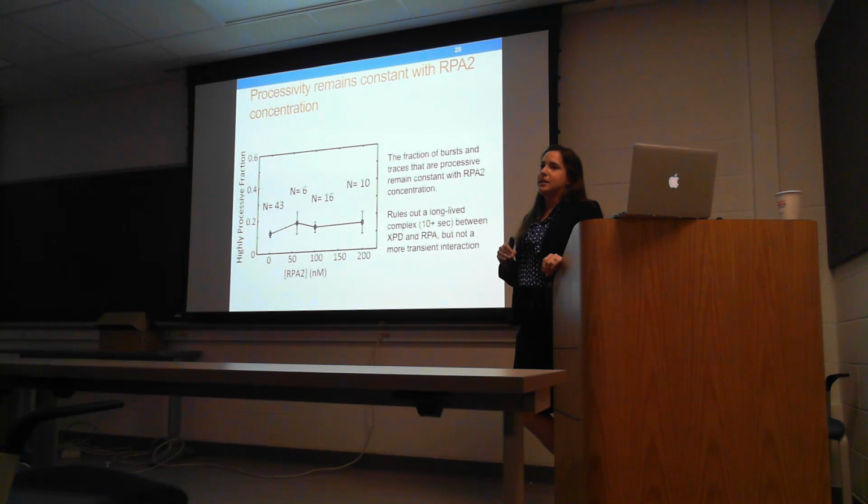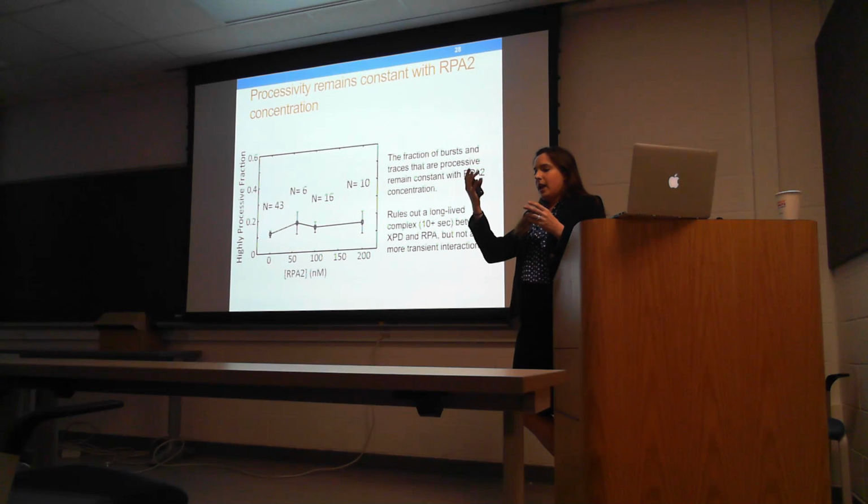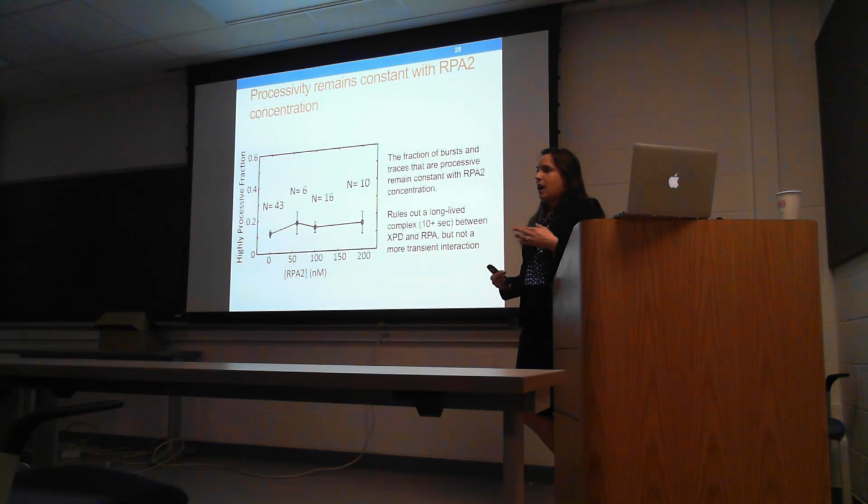Our collaborators did immuno pull-down assays where they had an antibody for, I think, XPD, and they mixed XPD and RPA and pulled down the XPD. If there was a tight binding construct or complex, then they would expect to see RPA in that sample too. But they didn't see that forming in solution.